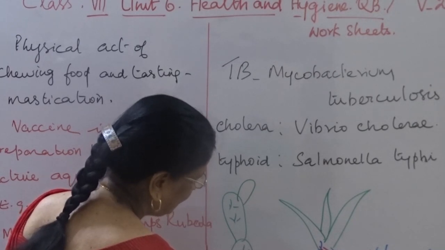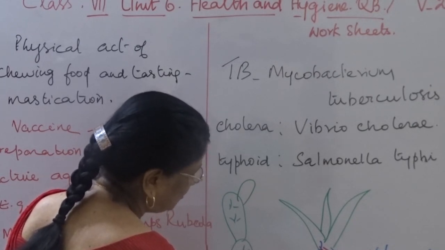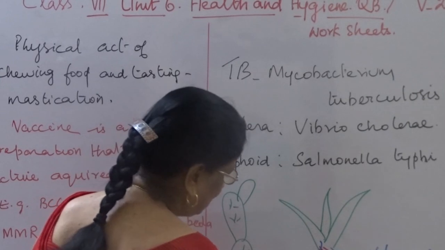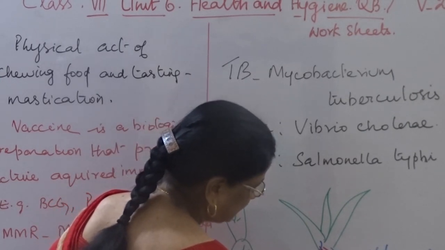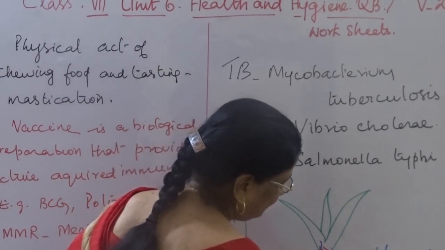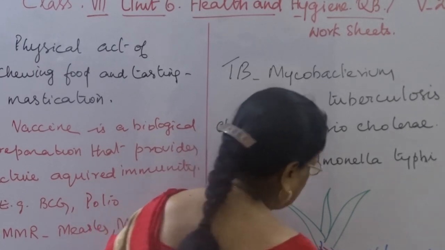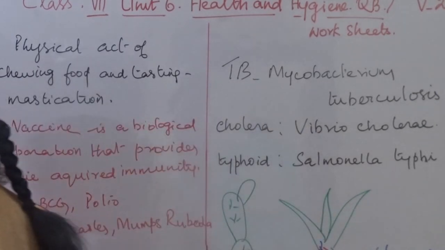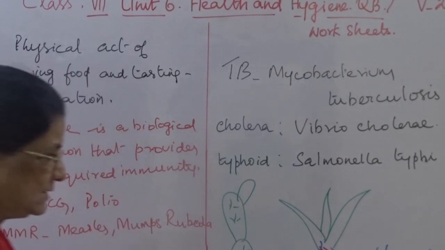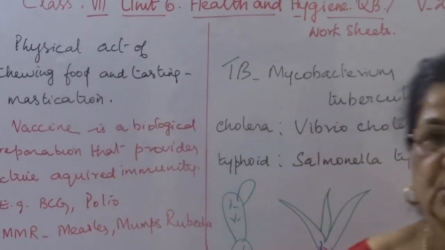The leaves are reduced to spines. Opuntia is an example for phylloclade. When the stem does the function of photosynthesis, it is called phylloclade.